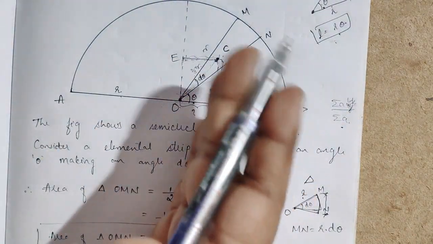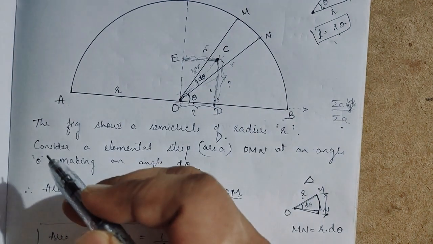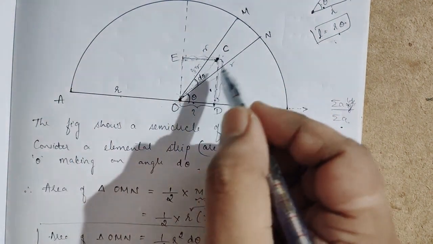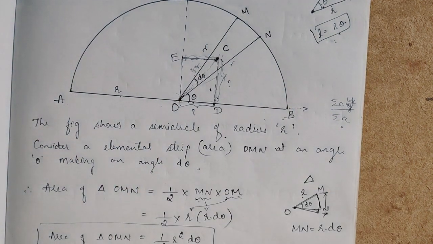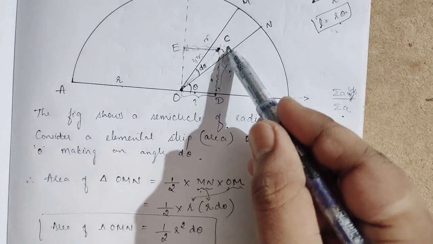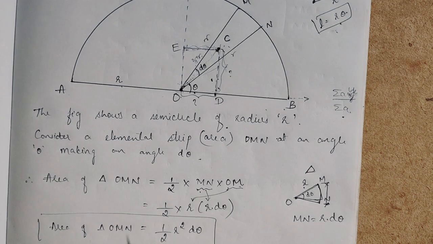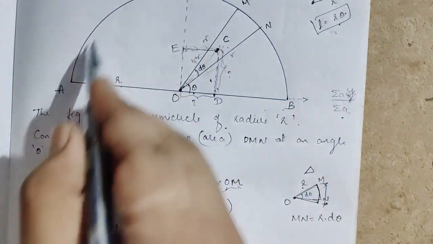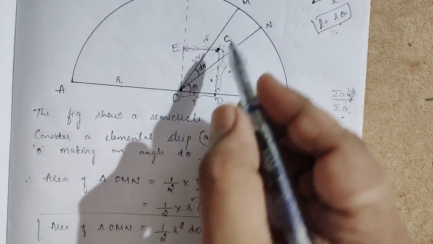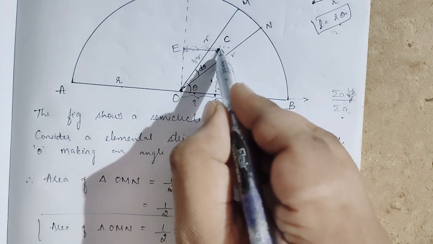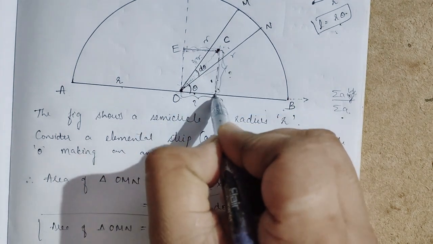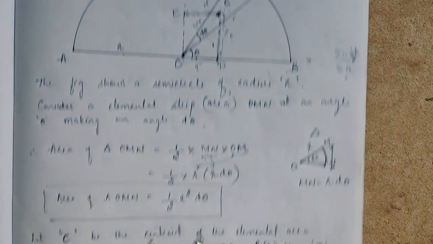So many elemental strips will be there, so many triangles, so many centroids. Let C be the centroid of the elemental area at 2 by 3 R. For the elemental strip which we consider, I want the distance of CD and CE.